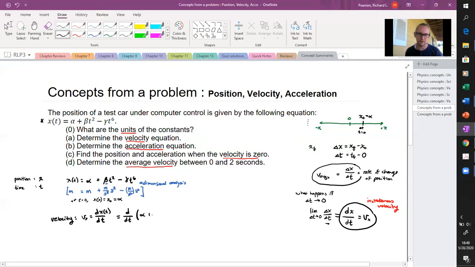So we have alpha, we have beta, and we have gamma. We take the derivative of that. We're going to take the derivative of each piece.